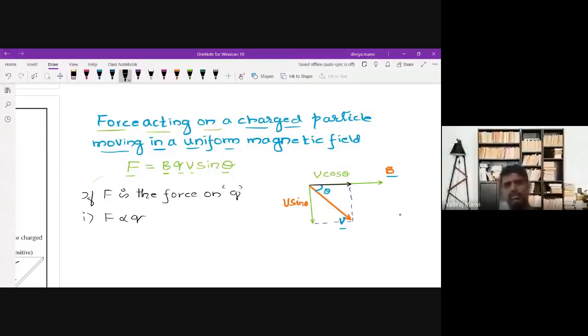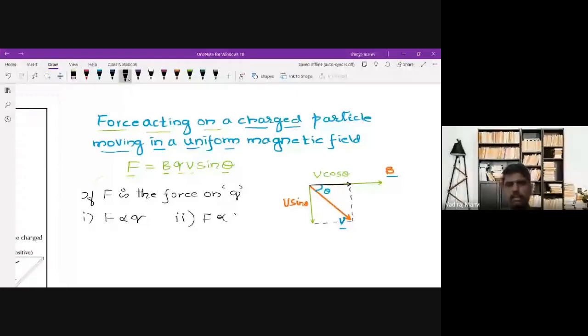The force experienced by a charged particle is found to depend on the magnitude of charge. That is, as the magnitude increases, force also increases. Clear? Second one, it is found that the force acting on the charged particle is proportional to V sin theta.